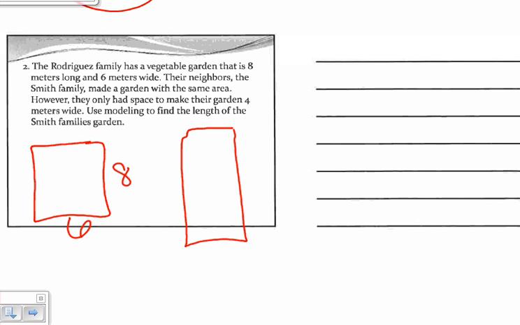So for the Smith family, it's 4 meters wide. I don't know how long it is, they don't tell me. So I'm going to use X again. From before, we learned our area formula: area equals length times width. I also know that they made a garden with the same area.